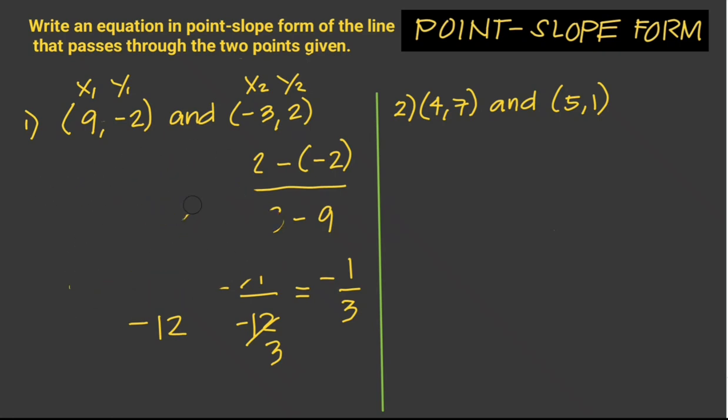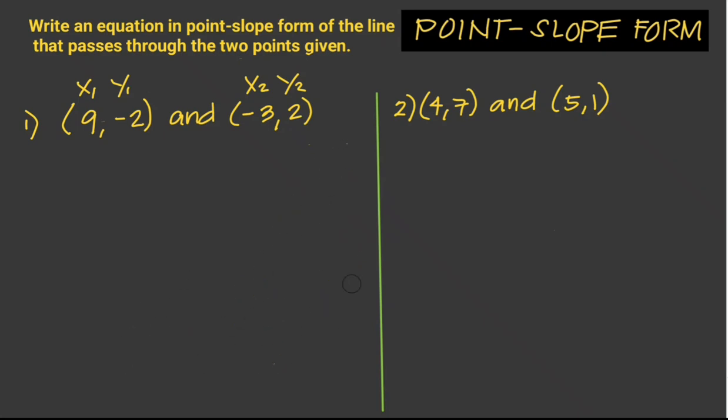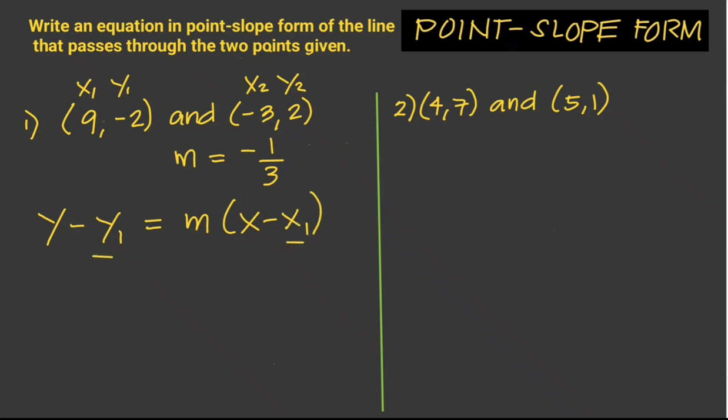Now we can write an equation in point slope form. So we got our slope negative 1/3. For x sub 1 and y sub 1, we can choose either of the 2 points given here.